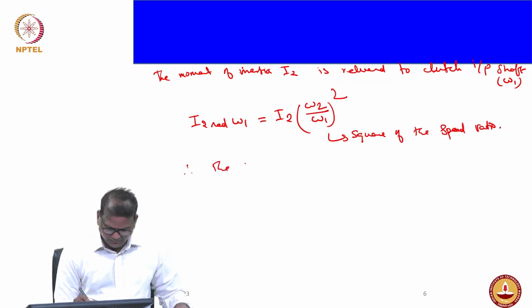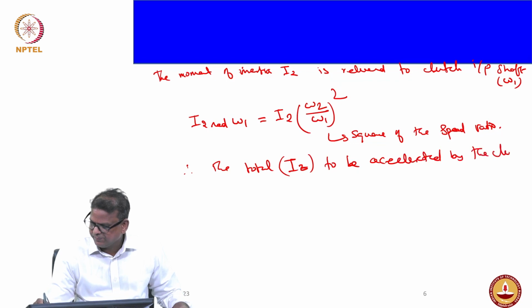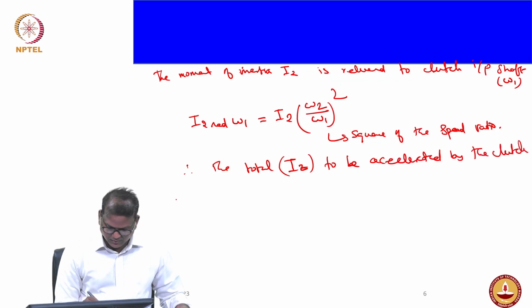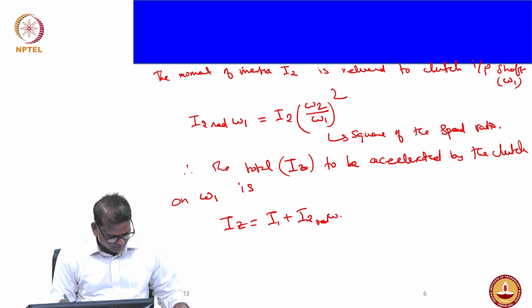Therefore, the total IZ to be accelerated by the clutch at omega 1 speed is given by IZ equals I1 plus I2 reduced with the omega 1 speed, so much kilogram meter square.